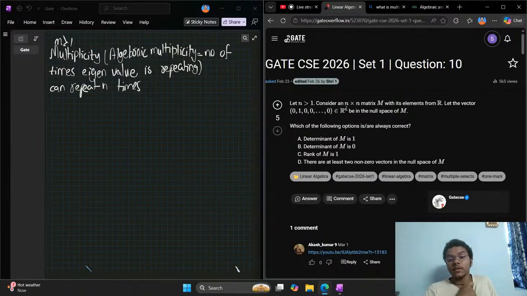N is greater than 1, consider an n by n matrix M whose elements are given.